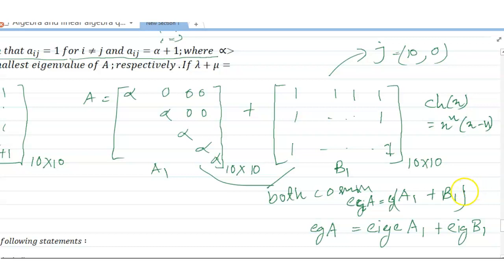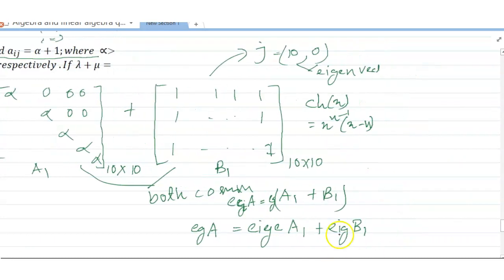So there are two kinds of eigenvalues, one is 0 with multiplicity n minus 1 and another is n. So 10 and 0 are my eigenvalues.